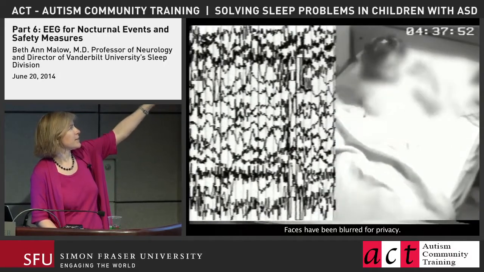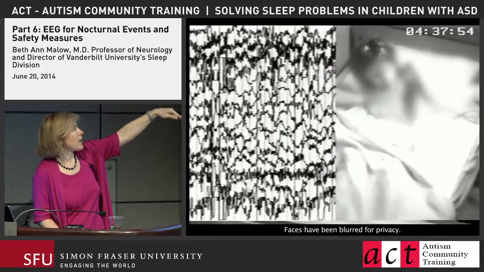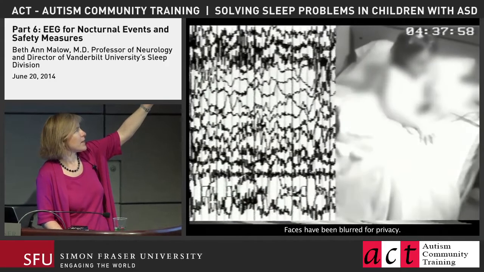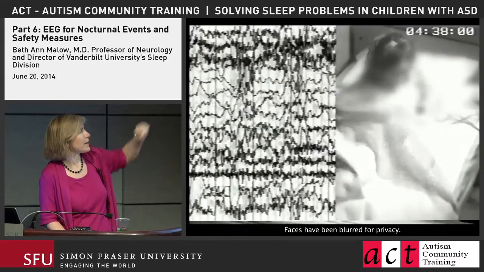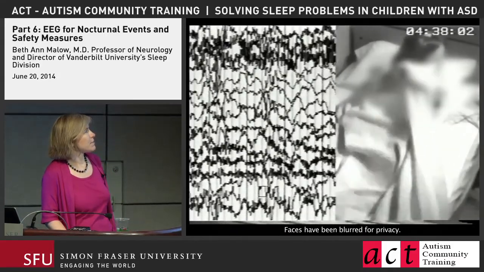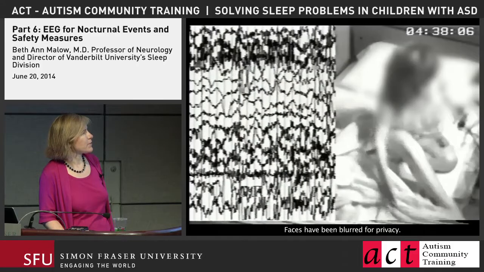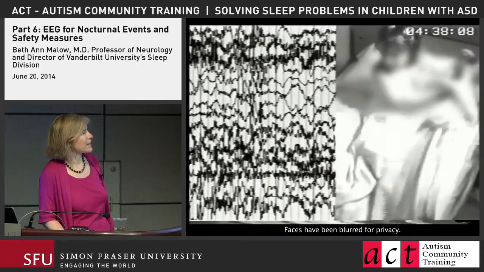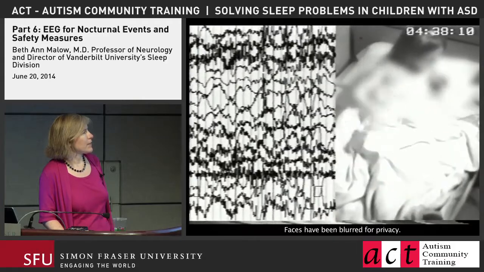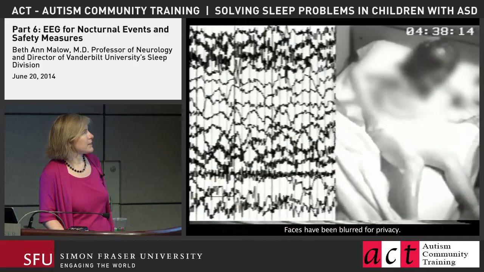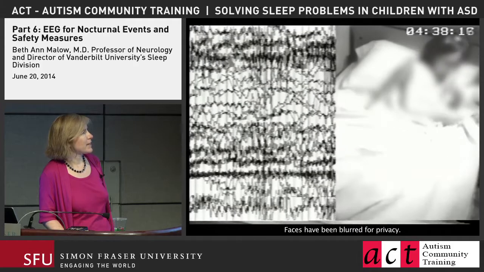And if you look here at the EEG, there are high waves, a lot of dark lines, with a lot of space between them. And that means she's still asleep. So even though her eyes are open and she's getting out of bed and going back into bed and rearranging the covers, she's actually still asleep because the EEG is showing sleep activity.